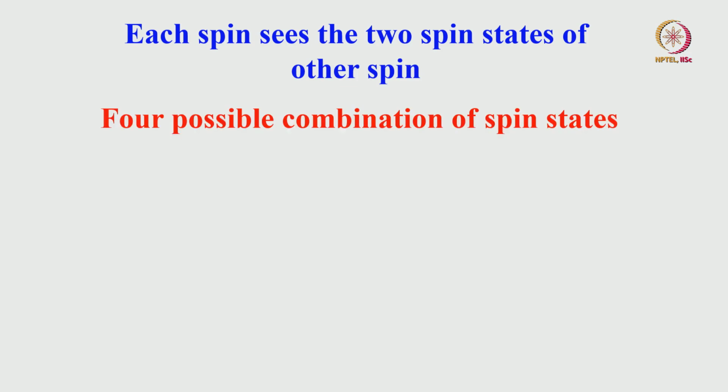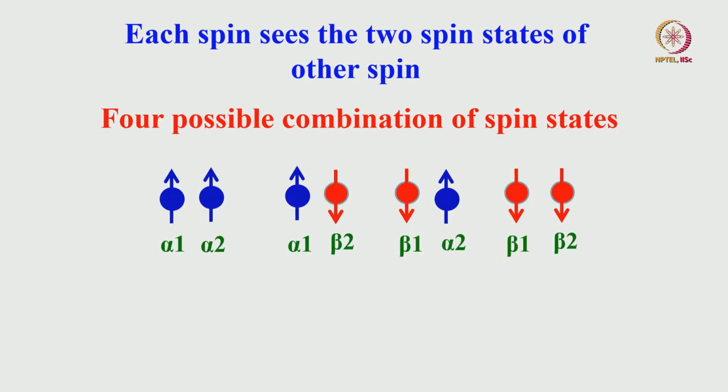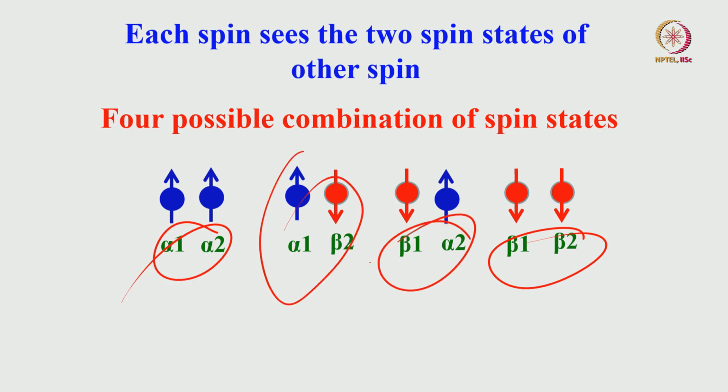I explained to you about the transitions we get in 2 coupled spins. Each spin sees the two spin states of the other spin. There will be 4 possible spin states when 2 protons are coupled, which I explained to you. Alpha alpha, beta beta: both are up, both are down; and one up, one down, alpha beta, beta alpha.